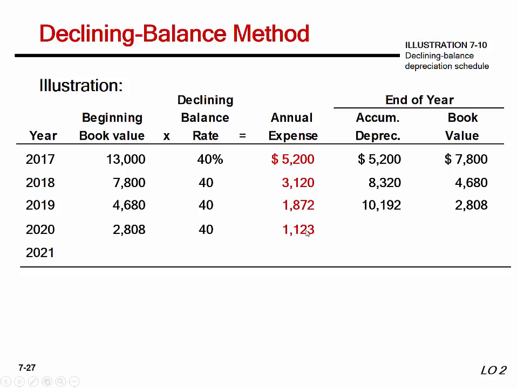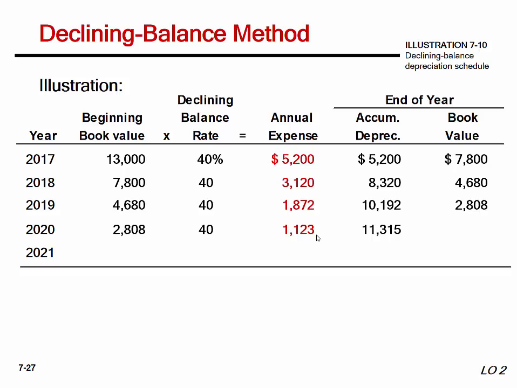That's what's going to be on the income statement for that fiscal year or that calendar year. And then increase accumulated depreciation is the other half of that journal entry for $1,123. So $10,192 plus that dollar amount equals $11,315 sitting in accumulated depreciation. We could calculate equipment, net again.